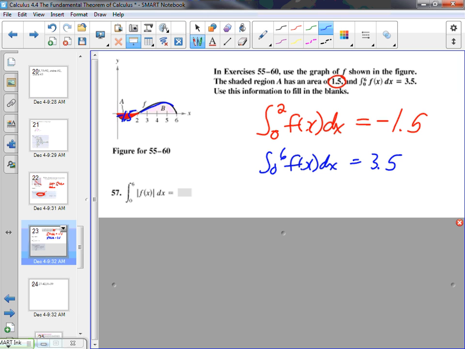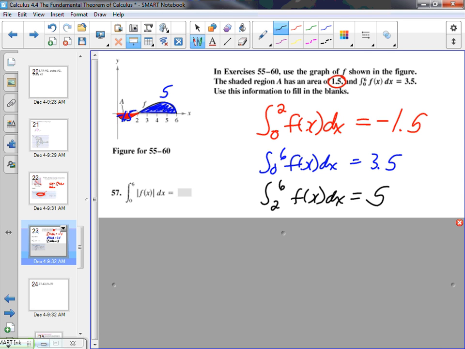Because if that blue region has an area of 5, when you add the signed areas together, 5 plus negative 1.5, doesn't that give us 3.5? You following me? So that means that the integral from 2 to 6 of f of x dx has to equal 5. Can we probably answer a bunch of questions about that figure now?